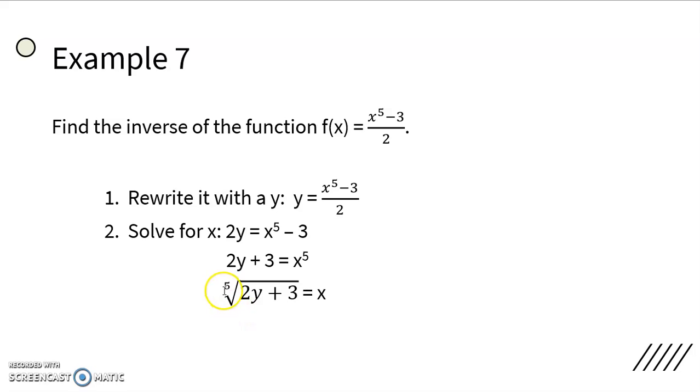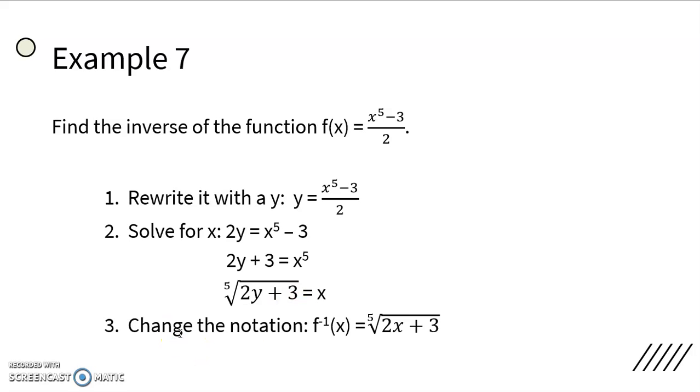And now I need the fifth root of 2y plus 3. I did the fifth root on both sides to get this. Now the final step is just to change the notation. So the x is turning into f inverse of x, and the y turned into an x. So that's the basic idea behind finding an inverse.